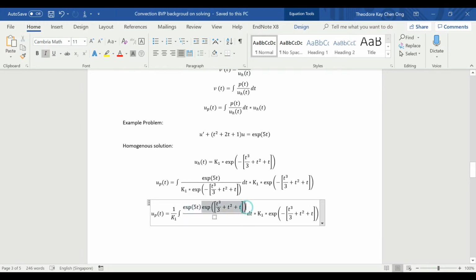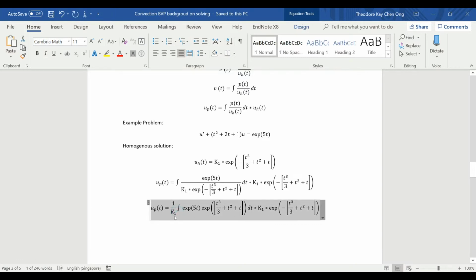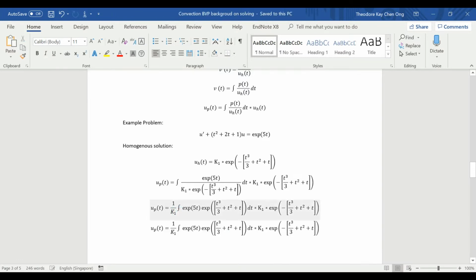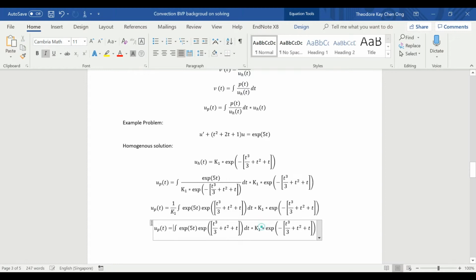Make it look slightly less scary. And then as we notice, the k1s actually cancel out. So this k1 and this k1 cancel out. So we don't need to worry about what k1 is anymore.